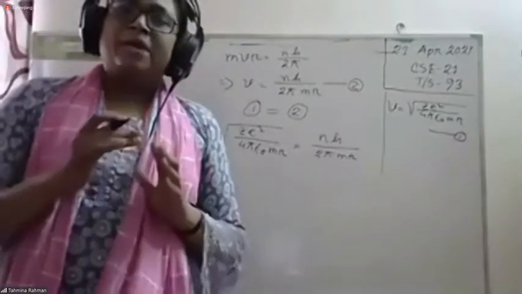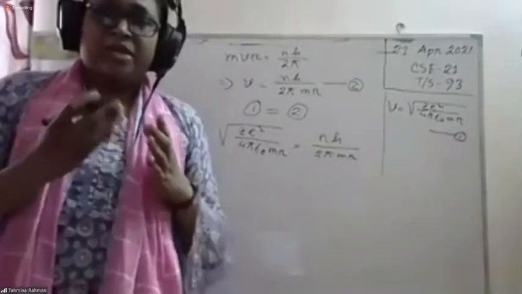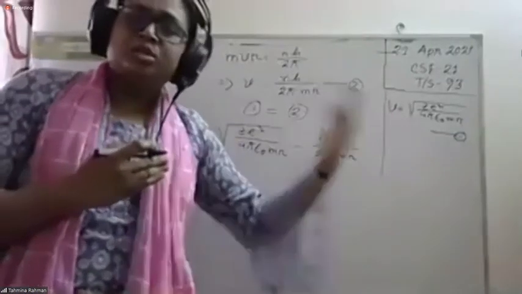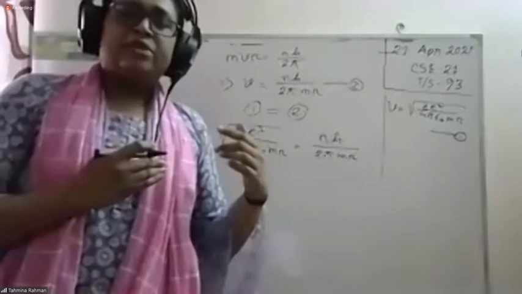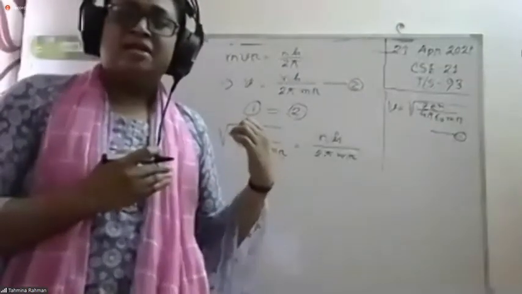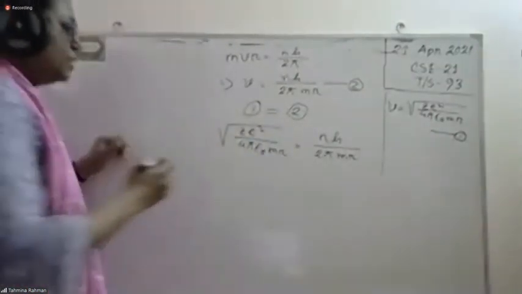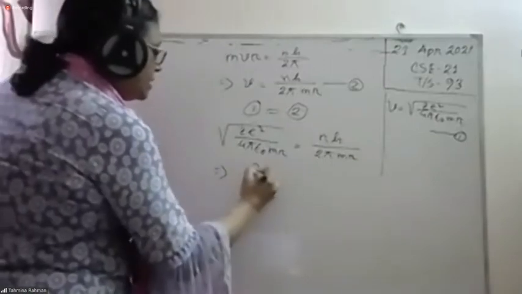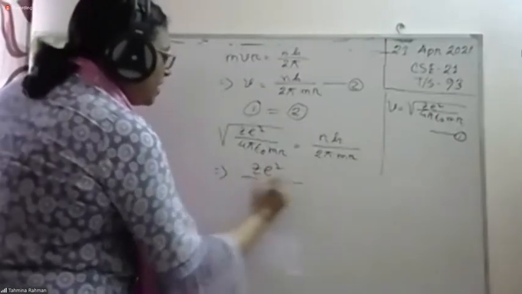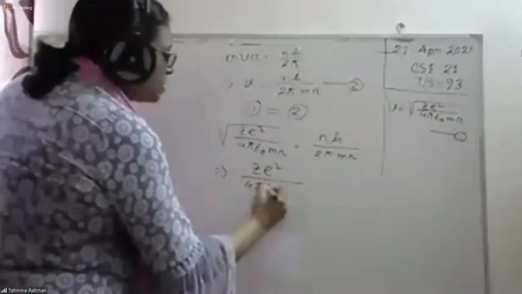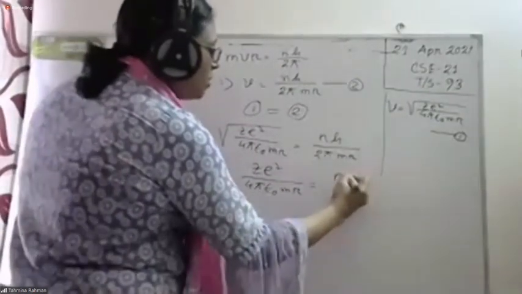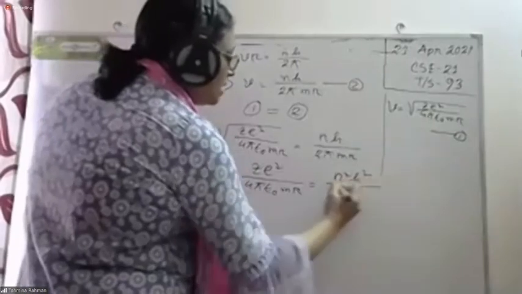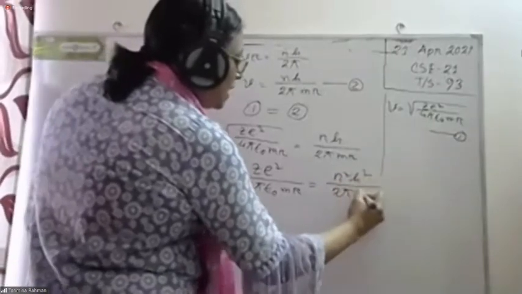Now for our easy calculation, we can take the square on both the sides. So Z square e to the power 4 divided by 4 pi epsilon naught mr is equal to n square h square by 2 pi mr.